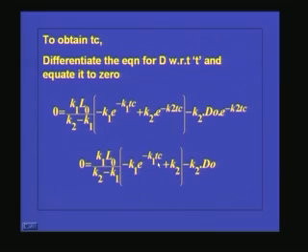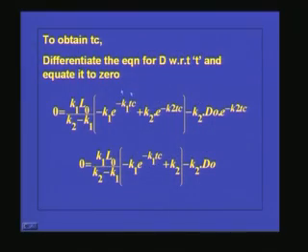So how can we find out the tC value? Unless you know the tC value, it will be difficult to get the DC value. In order to find out the tC value, what we have to do is differentiate the equation for D with respect to t and equate it to 0. We know the expression for D, and we know that at the critical deficit the rate of change of deficit is equal to 0.